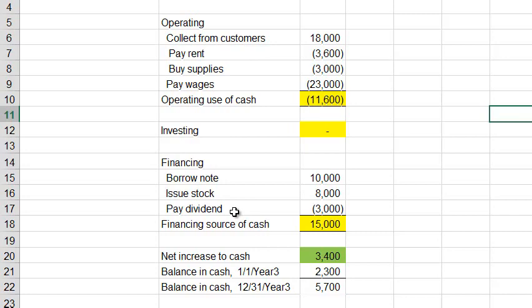For example, the way we define operating when we're computing operating income on an income statement is different than the way we define operating when we're computing operating cash flows for purposes of a statement of cash flows. So these definitions are very particular to preparing a statement of cash flows.